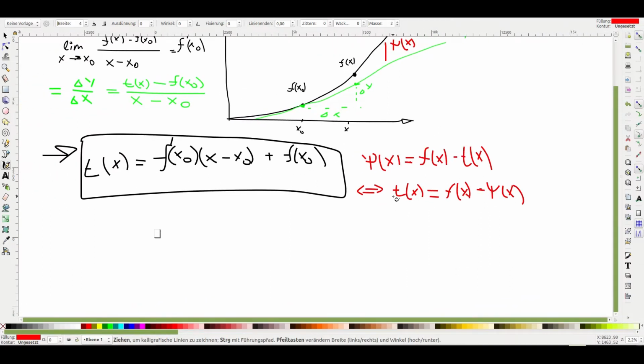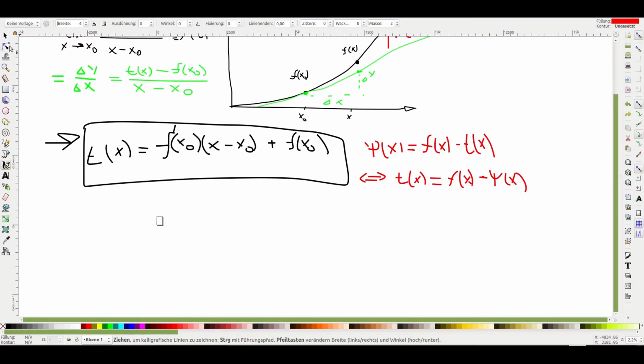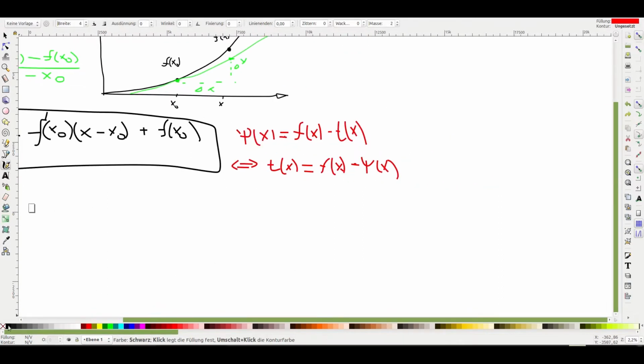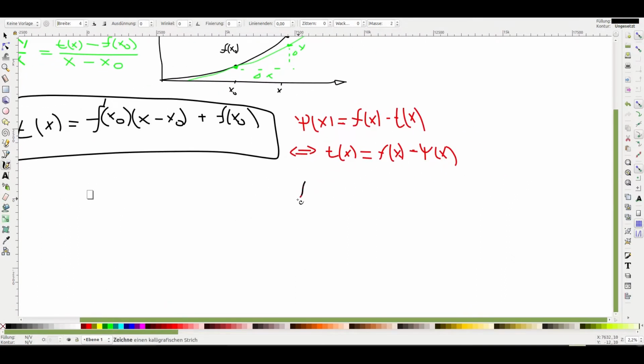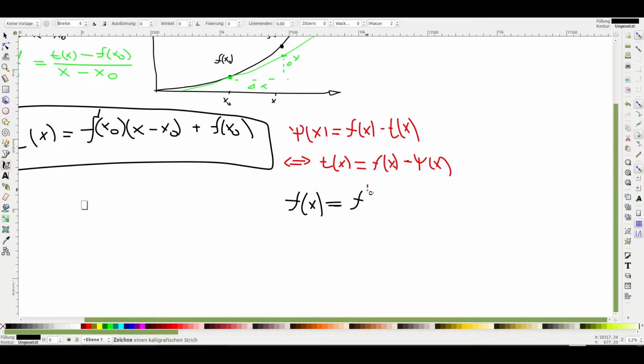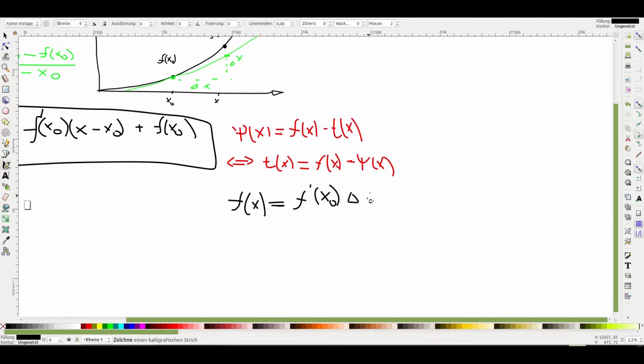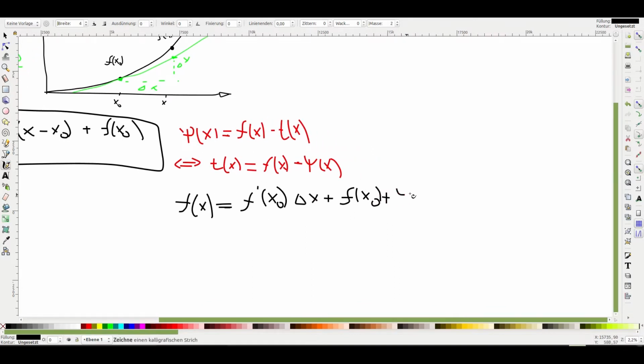And inserting t of x here into the equation of our tangent line will give us the following result. f of x is equal to the first derivative of f in the point x0 times delta x, which is x minus x0, plus f of x0 plus psi of x.